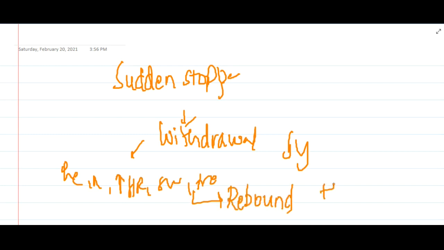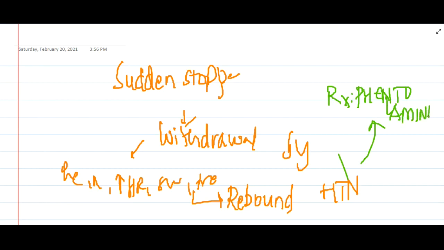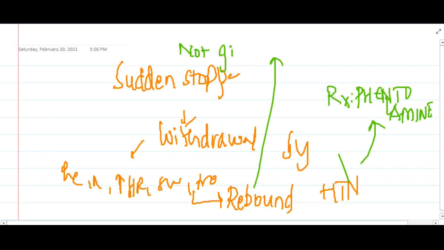This rebound hypertension is seen in Clonidine, and it is very important. This rebound hypertension is actually treated by phentolamine. Because of this rebound hypertension, this is not given in patients with traveling jobs, due to this rebound hypertension and withdrawal syndrome, right?